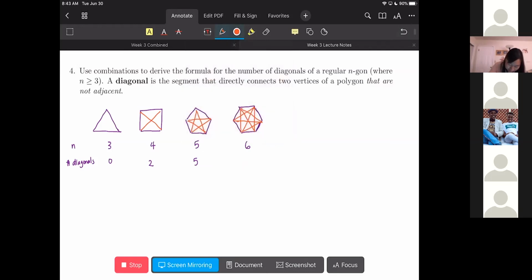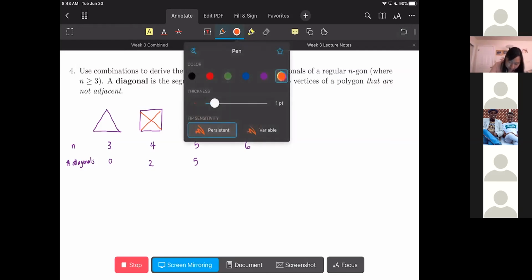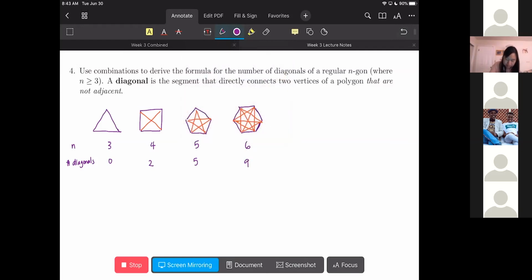Here we go, right? Okay, so that's my attempt at drawing a 7-gon. And then here, 1, 2, 3, 4, 5, 6, 7, 8, 9, 10, 11, 12, 13, 14.